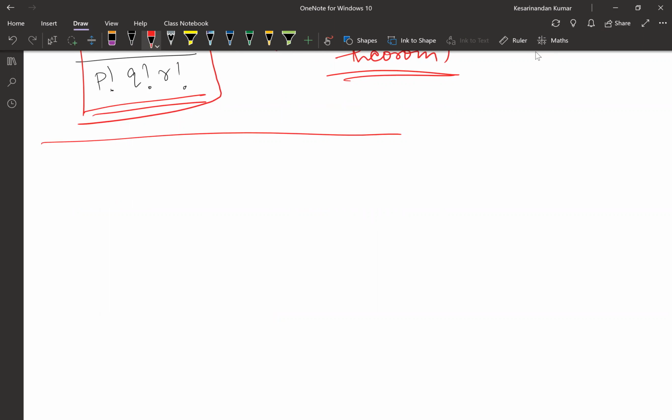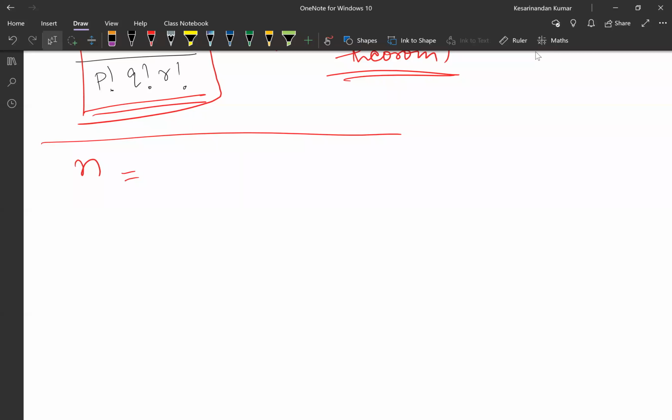Let's move to the next one, and that would be the number of arrangements where you have n distinct items, and each item can be used any number of times, like the ball one, where you are replacing the ball.